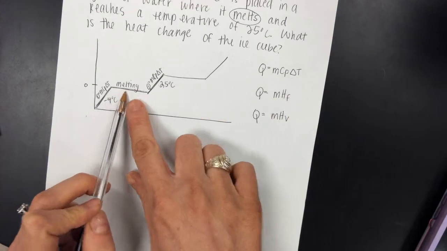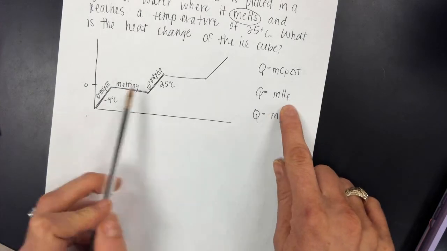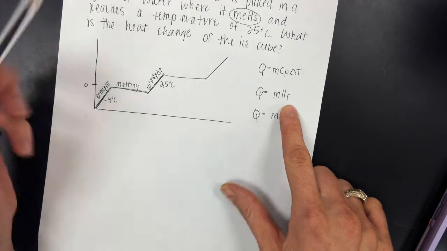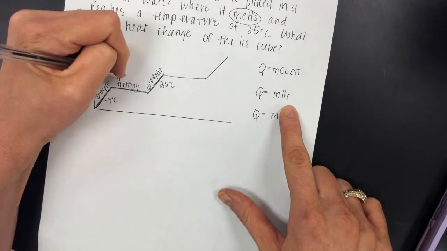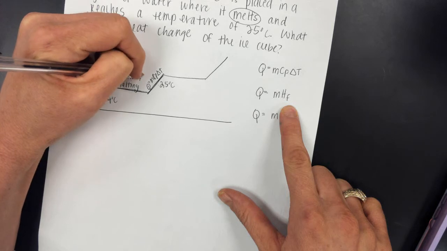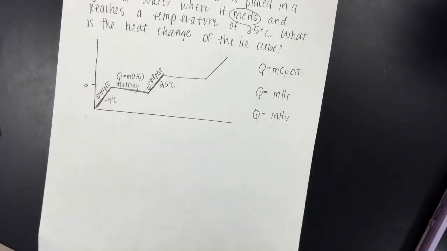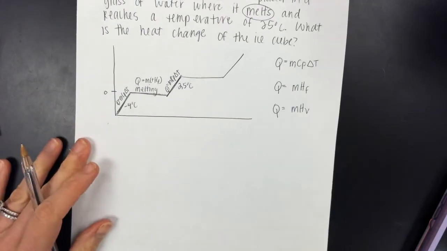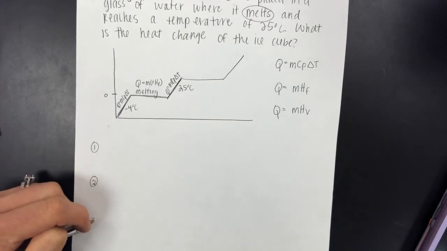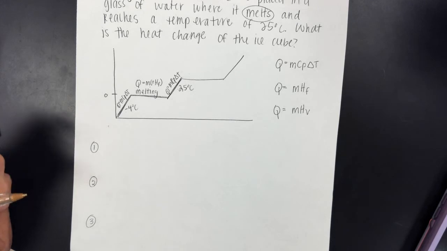Melting and freezing uses the heat of fusion. Melting, more specifically, gives you a positive heat of fusion. So at this phase, you're going to do m times the positive heat of fusion. Okay, so then you just go and do these three calculations and add up the sum of your Q's.